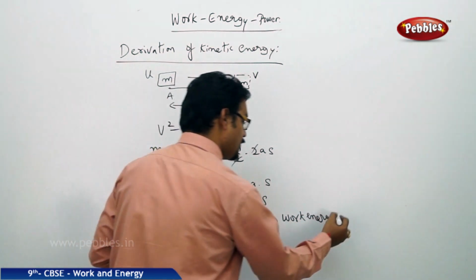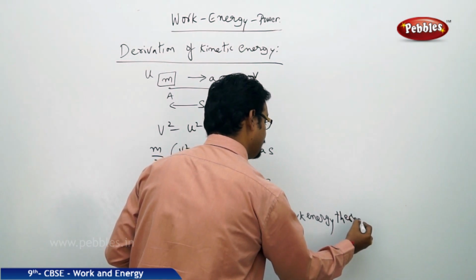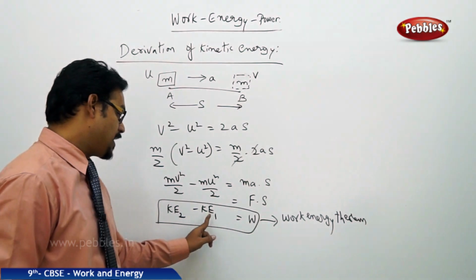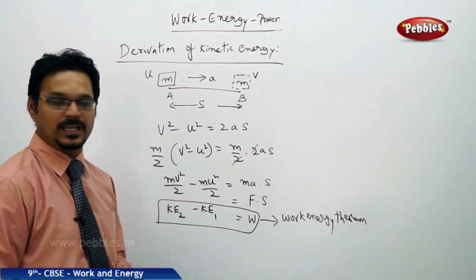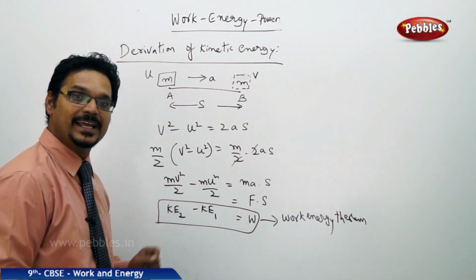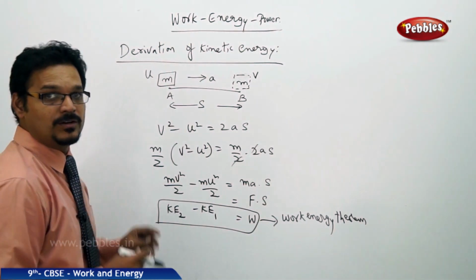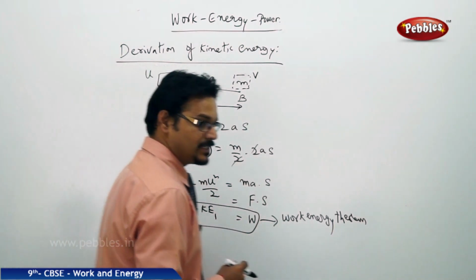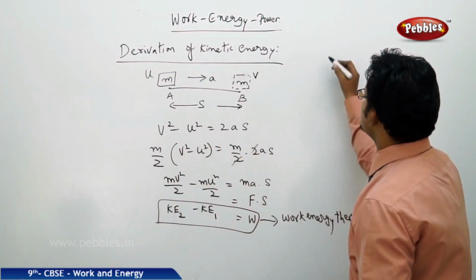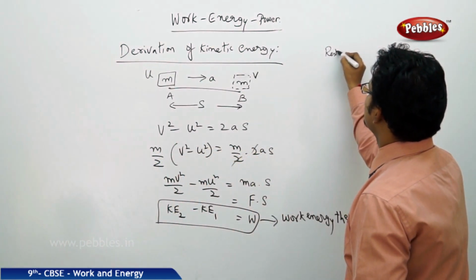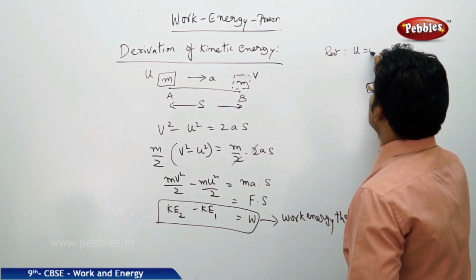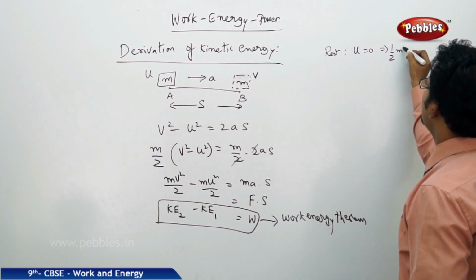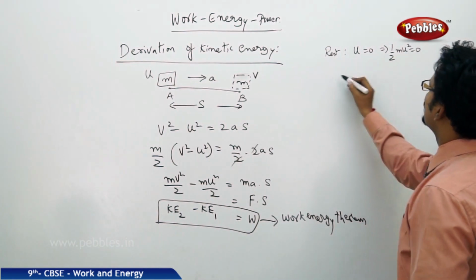Work energy theorem. It says the amount of work done is the change in kinetic energy. Okay, our concept is we need to derive the kinetic energy formula. In this, let us assume that the body starts from rest. When the body starts from rest, initial velocity u equals 0, which implies half mu square equals 0.